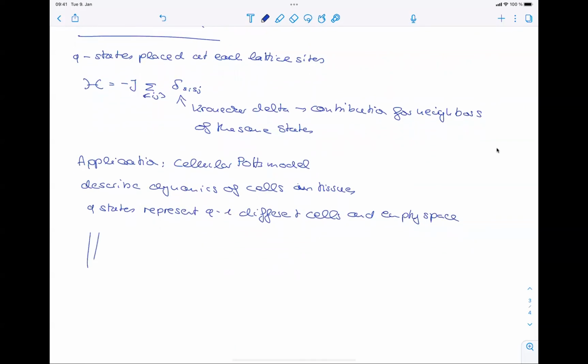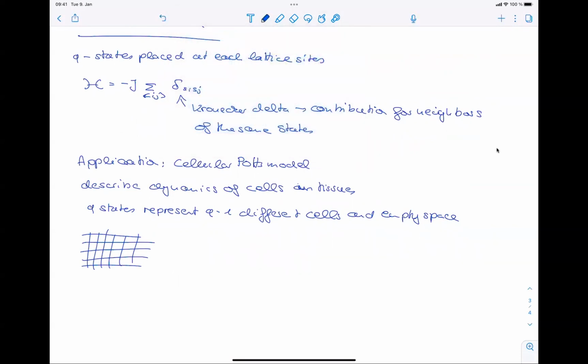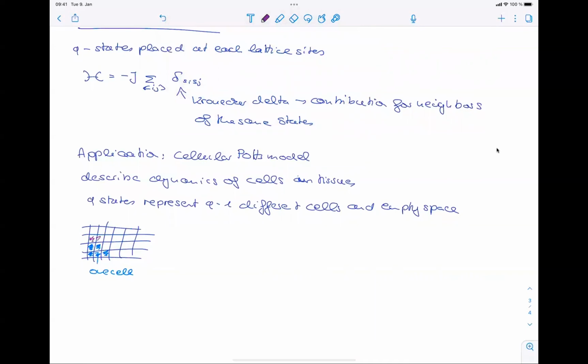So then you can model the dynamics of a tissue, again mapping it on a grid. Say I have one cell here, all blue would be one cell. Then I take another color, and this is the neighboring cell, cell 2.